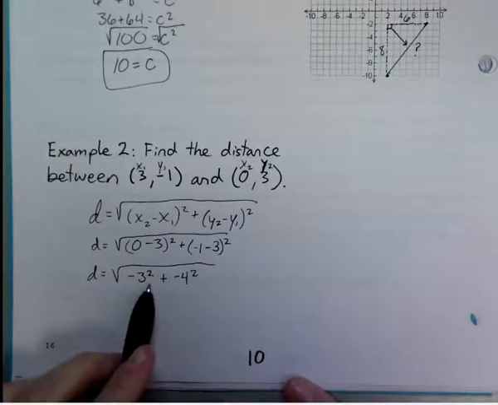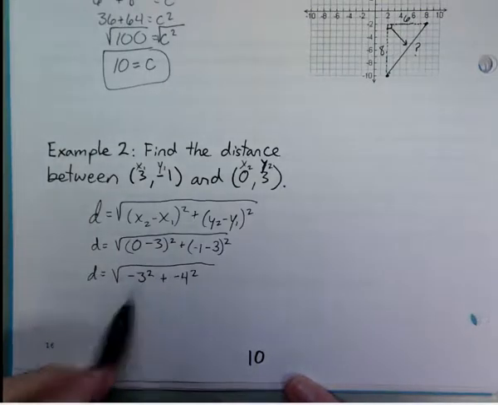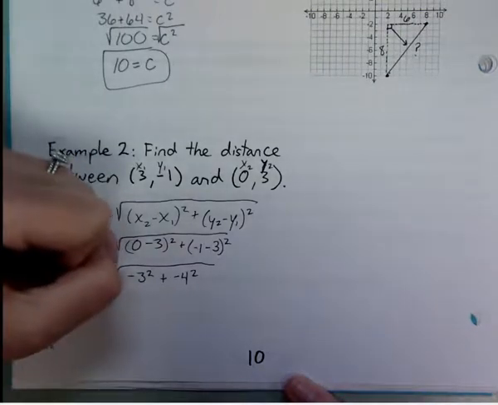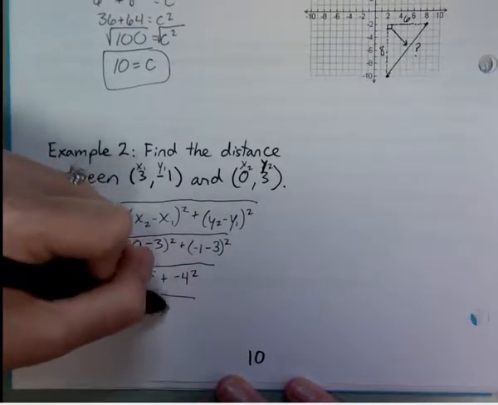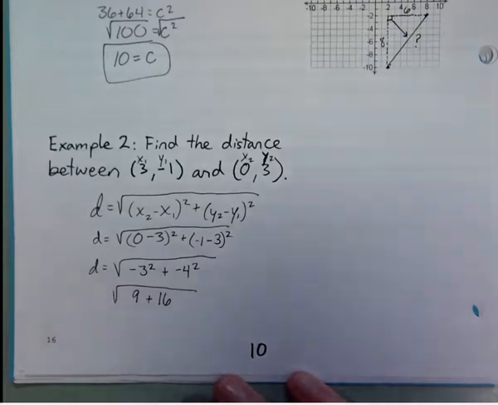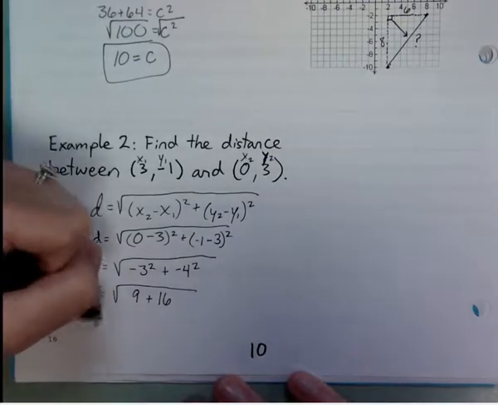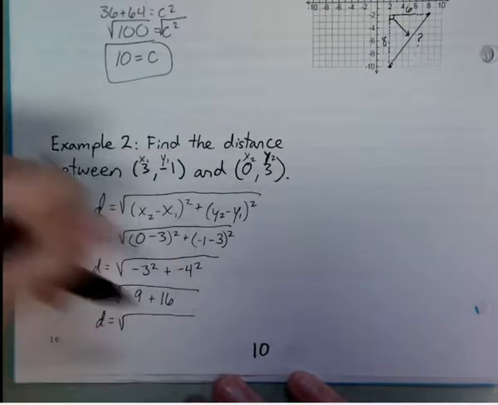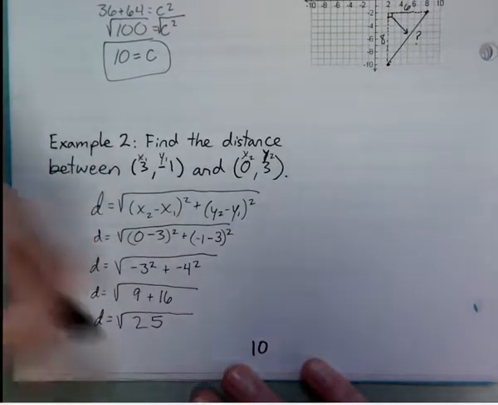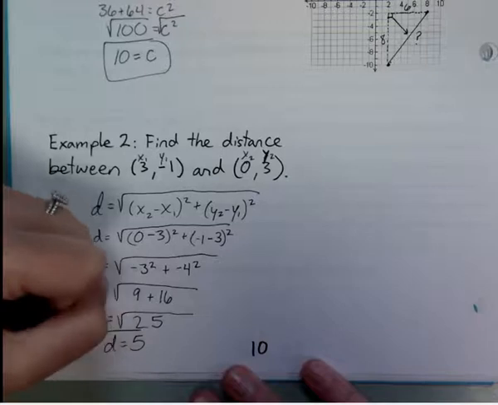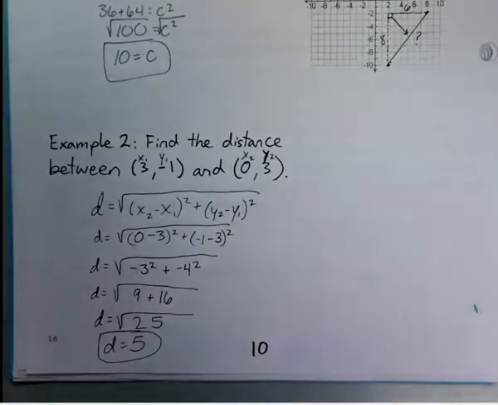Alright, the cool thing about this is the negative sign disappears because -3 times -3 is positive 9. And this becomes positive 16, which is really nice. So 9 plus 16 is 25. The square root of 25 is 5. That is the length of this line, or the distance between the 2 points.